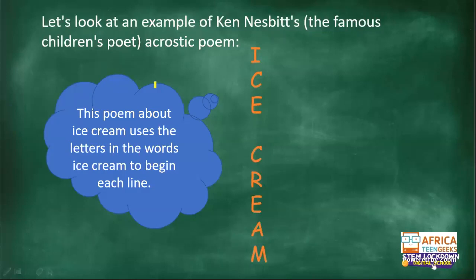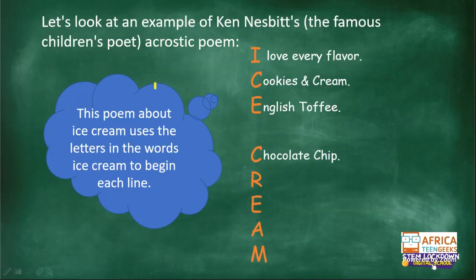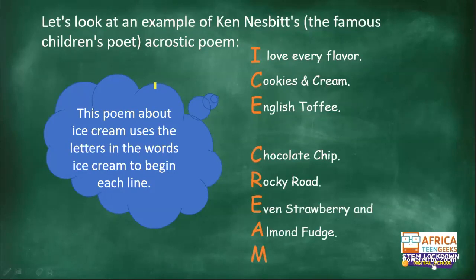For C, he chose the words cookies and cream. For E, he chose English toffee. For C, he chose chocolate chip. For R, he chose rocky road. For E, he chose even strawberry, and then A, he said the word almond fudge, and for M, he used "mmm."